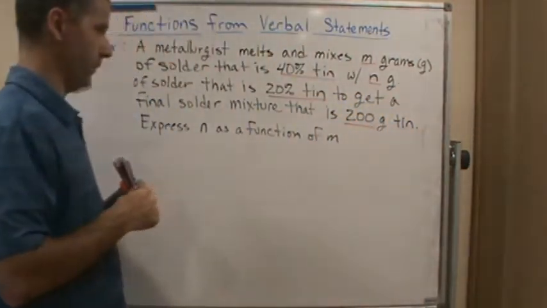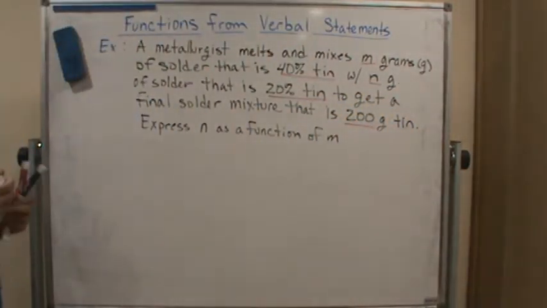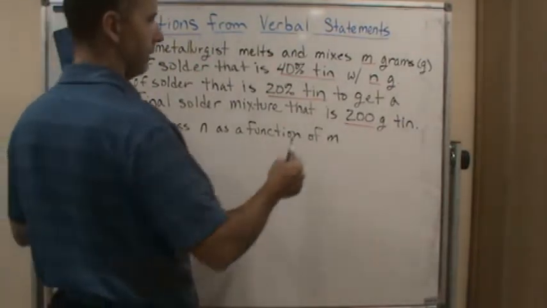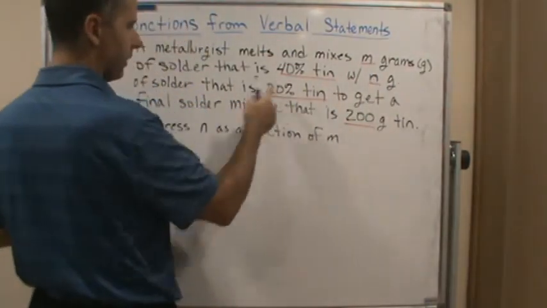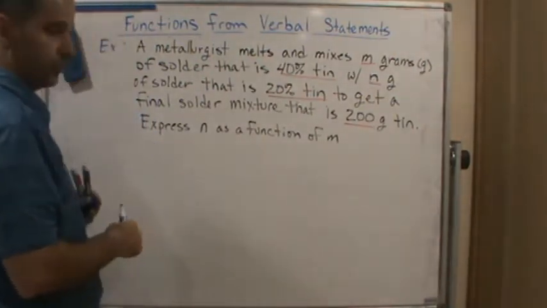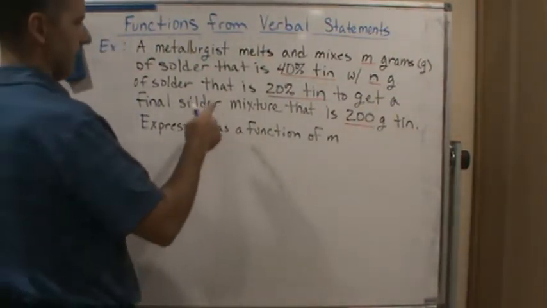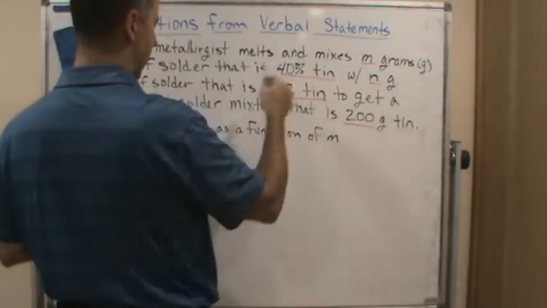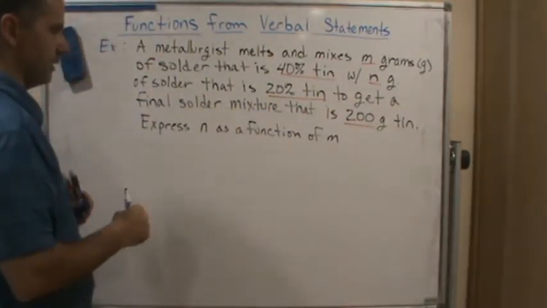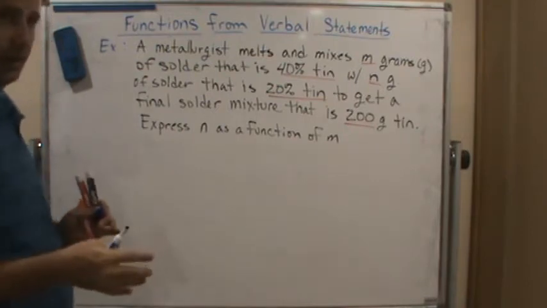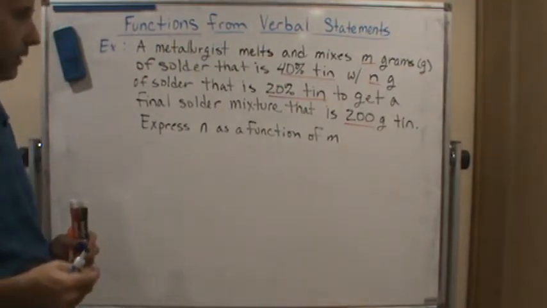Of tin. Okay, so we know that m grams of this solder is 40% tin, so he's melting it down. And then he's taking another n grams of solder that is 20% tin, and he's melting that down. And so he's mixing the two together.